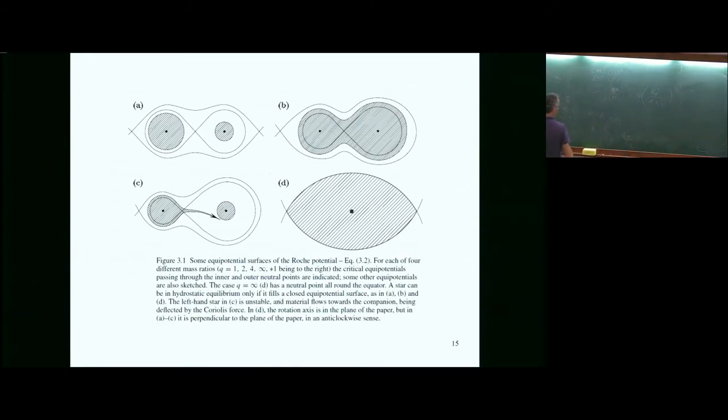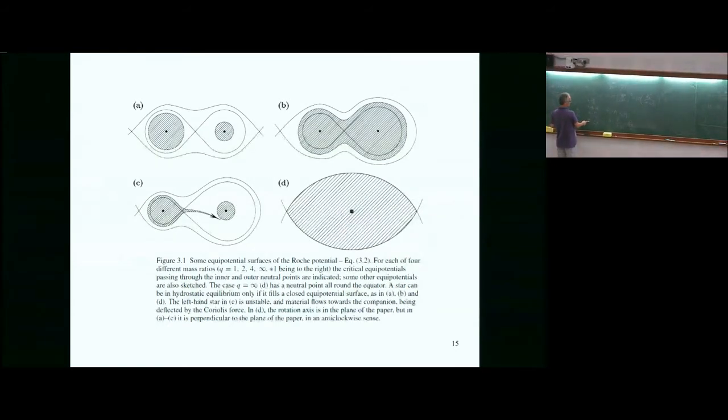Now, M and M1, the mass of the star, are connected by this, so we can express M as 1 plus Q over Q times M1.